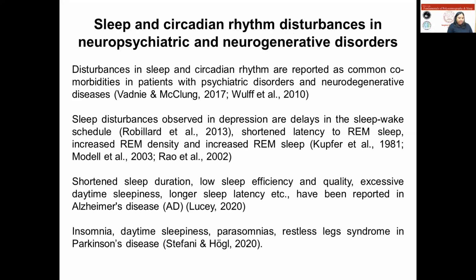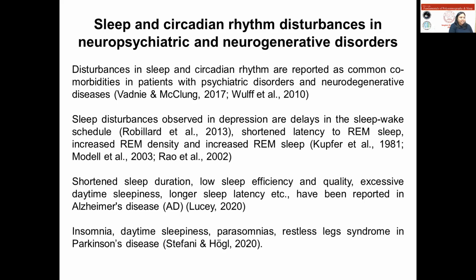Or the other way around, sleep and circadian systems are reported as comorbidities in patients with psychiatric disorders or neurodegenerative diseases. Some of the ones that I discuss here: in depression, a delayed sleep-wake schedule is observed, with short latency to REM sleep, increased REM density and increased REM sleep.